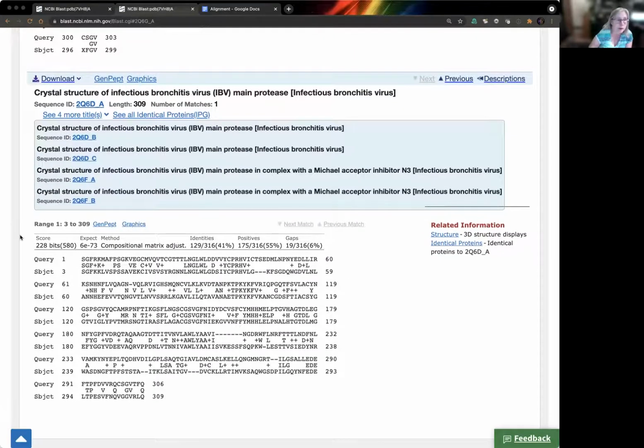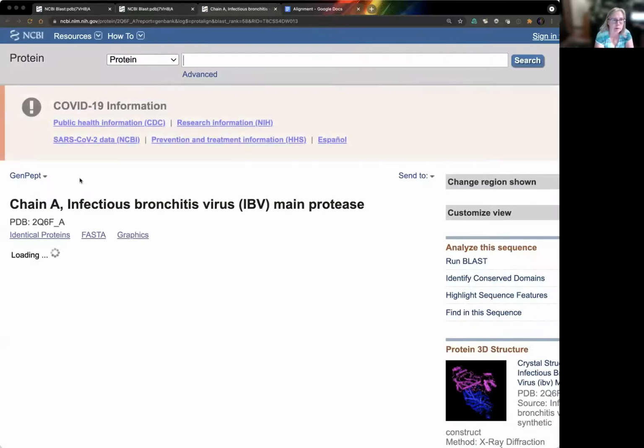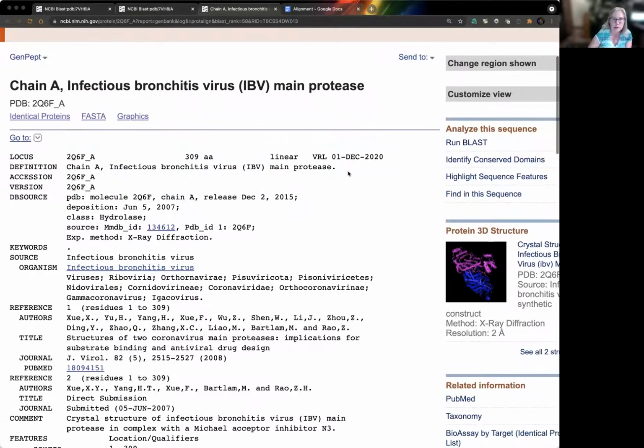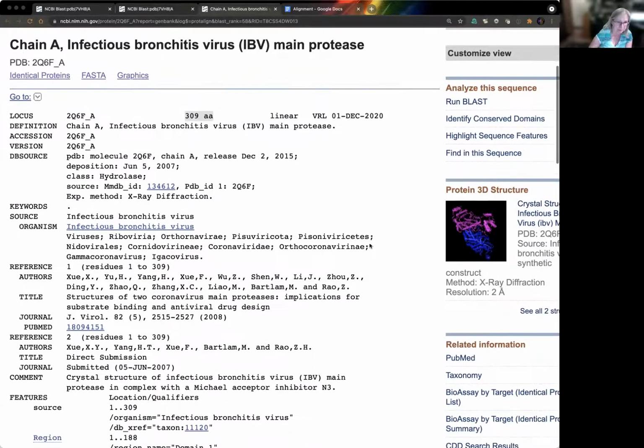All right, what I'm going to do now is click the link to take a look at my structure record for this protease, and I can see that this protease entered the database December 1st, 2020, and is 309 amino acids long.